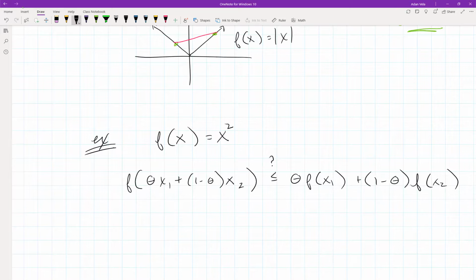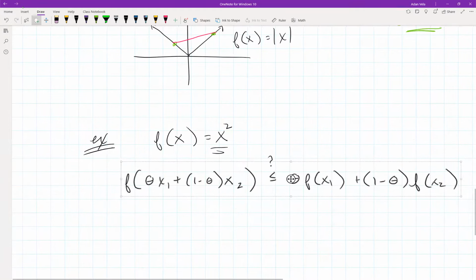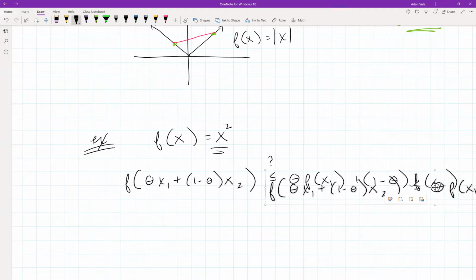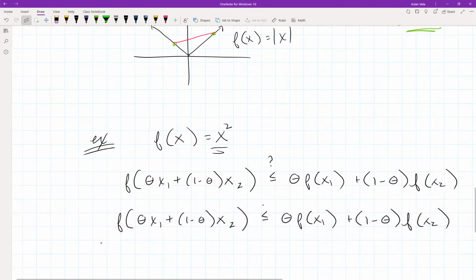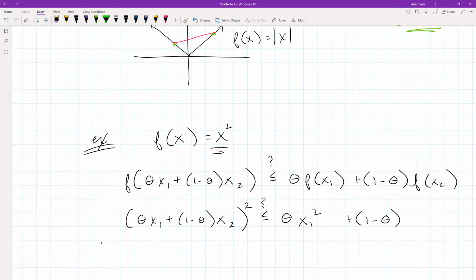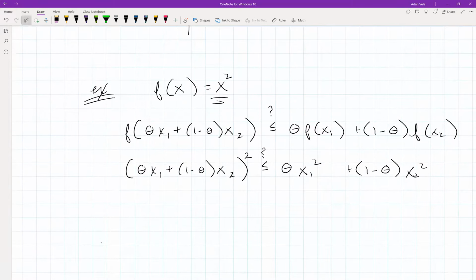So let's start applying our function x squared. I'm just going to copy this because it's a little bit faster. We're going to square all these arguments, so we have x1 squared and x2 squared, and on the left-hand side the whole quantity squared.